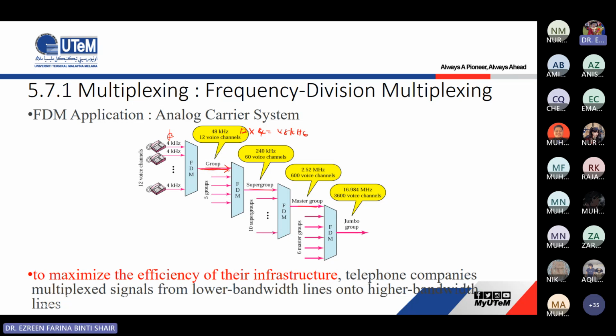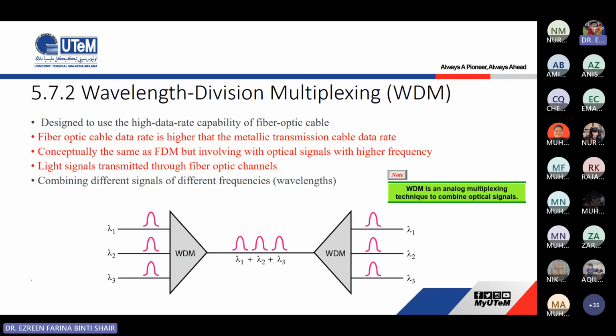Okay, so the next type of multiplexing is wavelength division multiplexing. It is used in fiber optic cable. Everyone knows what fiber optic cable is. With fiber optic cable, the data rate is higher compared to the conventional cable.